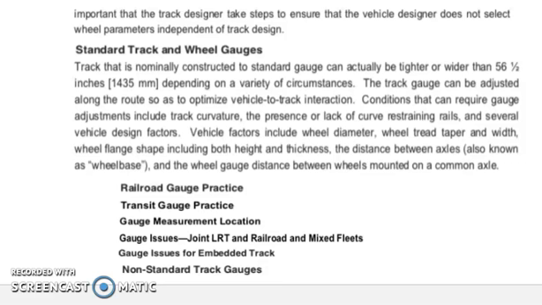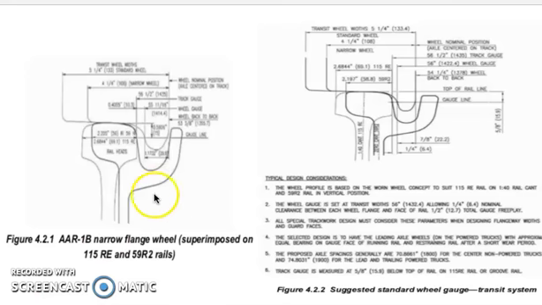The vehicle factors include the wheel diameter, the wheel tread taper, and the wheel flange shape, including both height and thickness. Then there is the wheel gauge, the distance between wheels mounted on a common axle. Here is an illustration showing the narrow flange wheel, with the standard dimensions for a narrow flange wheel.